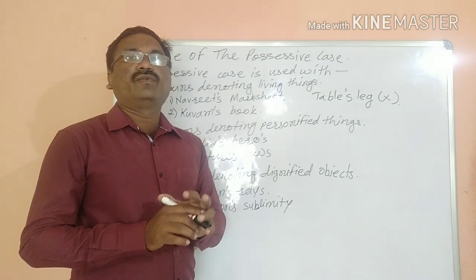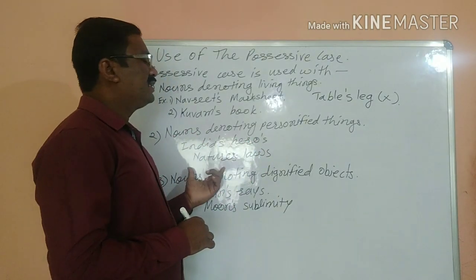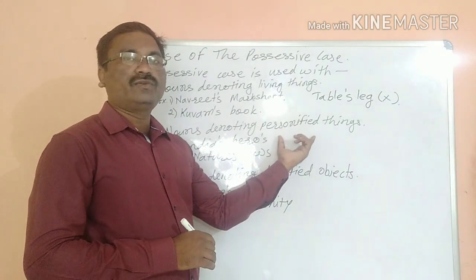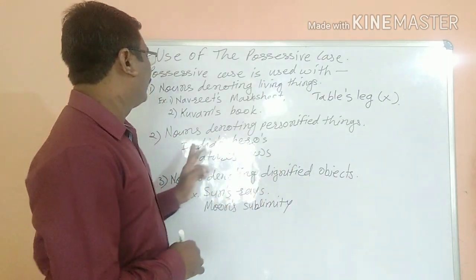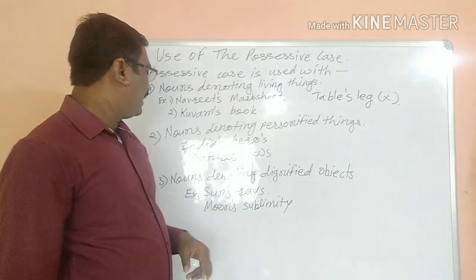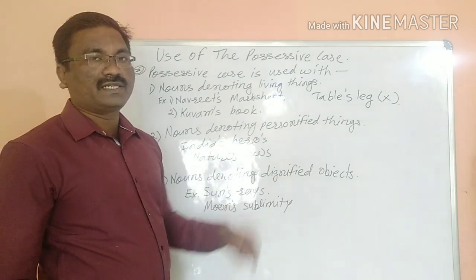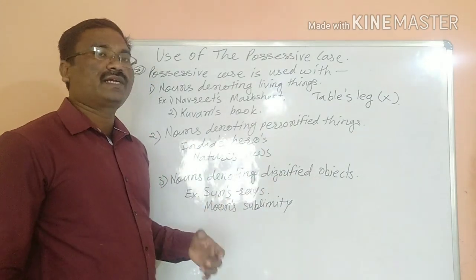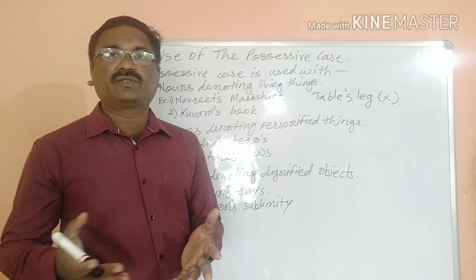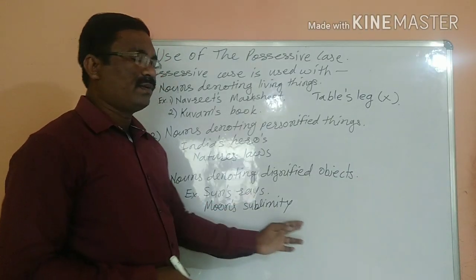When we are glorifying any object, like India's heroes, nature's laws, when such personification is used, then we can use apostrophe s. Then the last one, denoting dignified objects, like moon's silence, sun's rays, moon's sublimity.